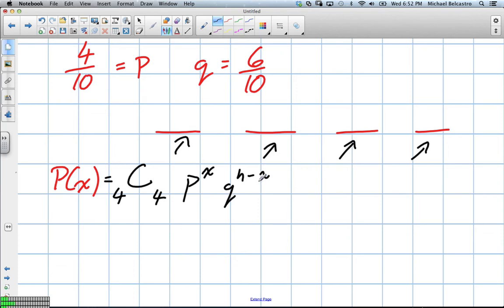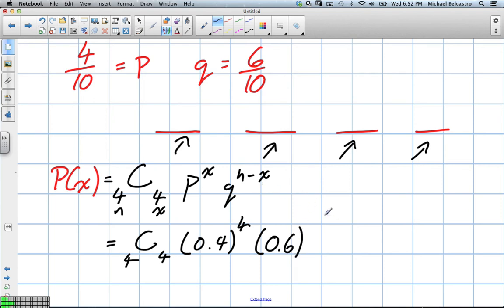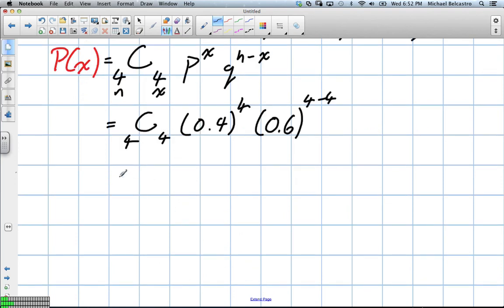And this is our n, and this is our x, number of trials. Well, we're doing 4 choose 4. Our probability of success is 40%, and we want all 4 of them to be successful, which means we have a 60% chance of failure, and we don't want any of them to be unsuccessful, okay?